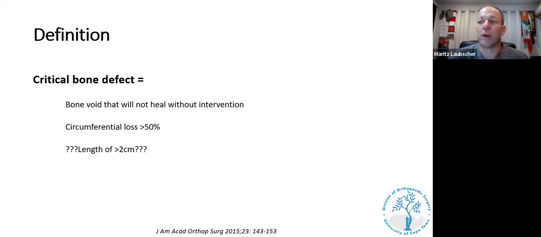So critical bone defect also includes cases where there's partial bone defect, and we usually like to talk about circumferential loss of more than 50%. So if you have less than 50% cortical contact, you should basically have a strategy to address that bone defect from the beginning. So for me, the best definition is any bone defect that won't heal without intervention.